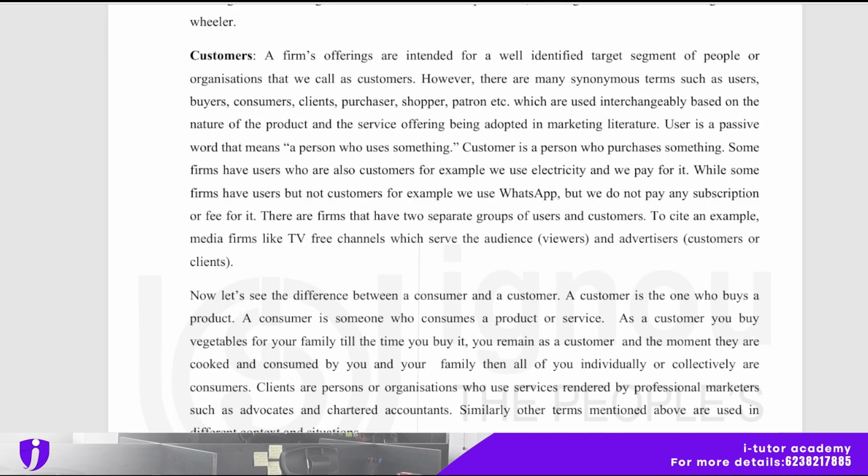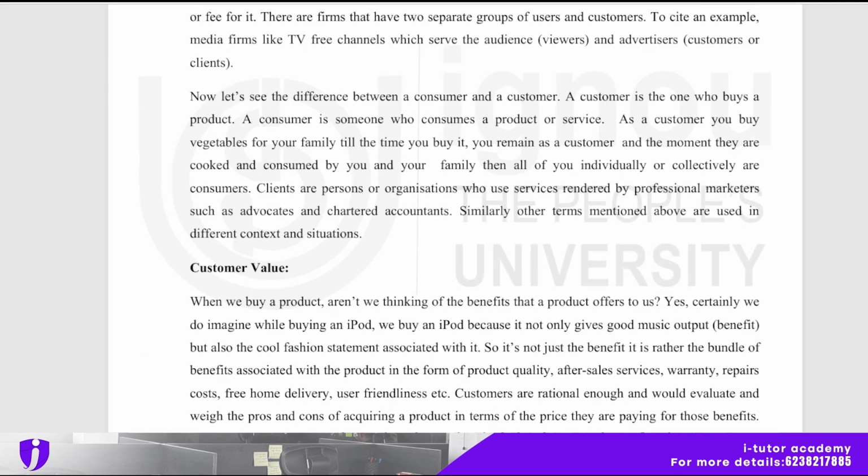User is a passive word that means a person who uses something, and a customer is a person who purchases something. Some firms have users who are also customers. For example, we use electricity and we pay for it. Okay, that is users. And next is customer value.